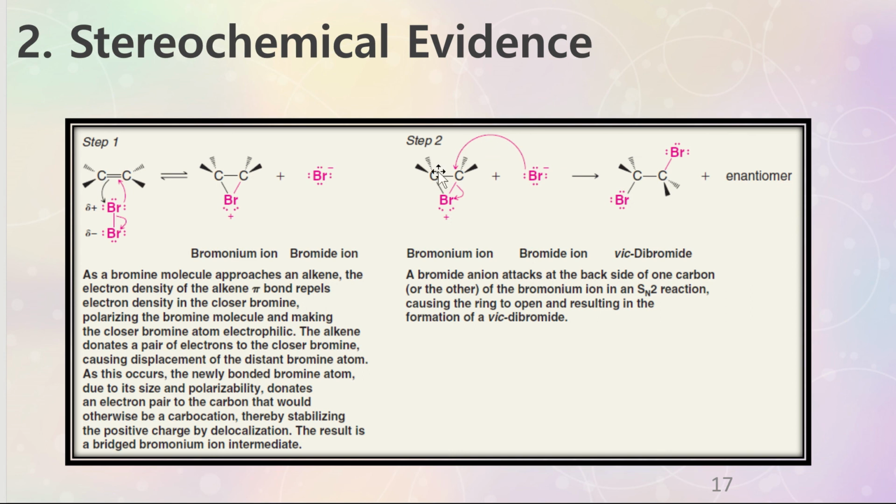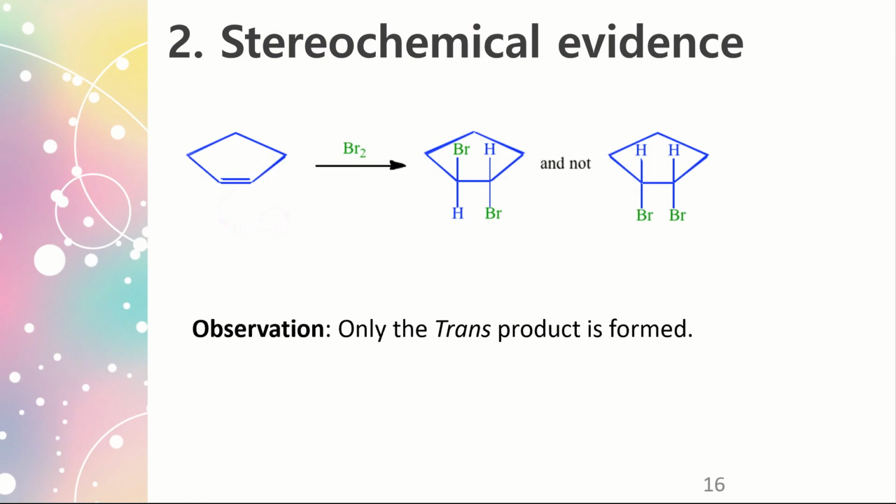So because of where the bromide ion attacks, the predominant product is the trans product for this particular reaction. The important point here is that because of this stereochemical evidence, the fact that we got only the trans product, it gives us insights into the reaction mechanism.